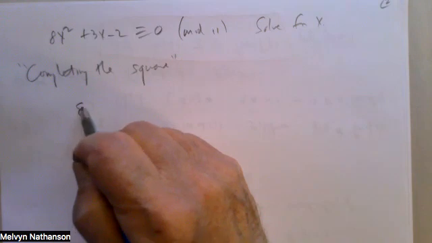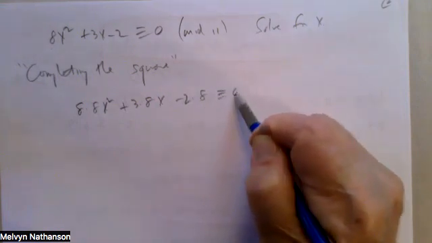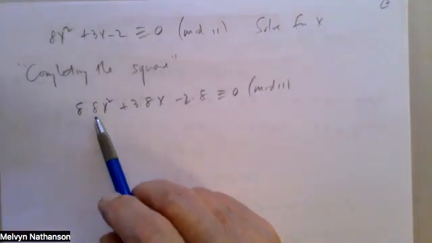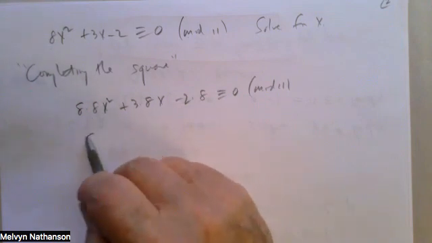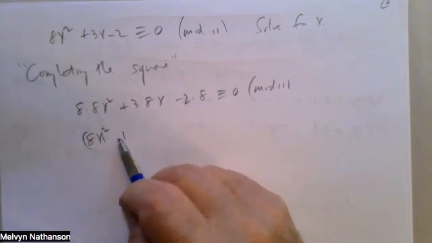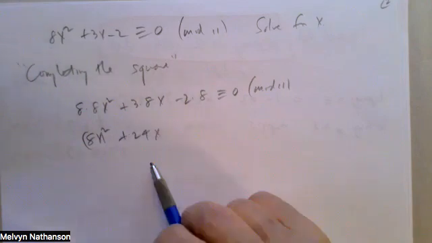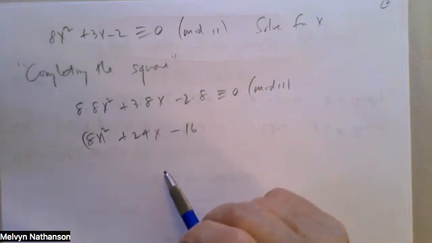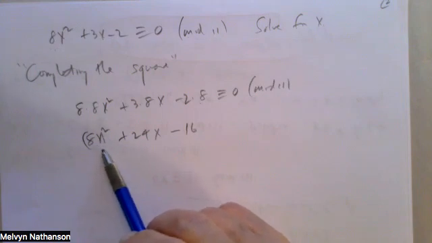So if you multiply through by 8, you get 8 times 8x squared plus 3 times 8x minus 2 times 8 congruent to 0 mod 11. Any solution of this will be a solution of the original quadratic. 8 times 8 is 8 squared. This is like 8x squared plus 24x minus 16. Why did you choose 8? Because the leading coefficient is 8, and I wanted to get a square in the first term.